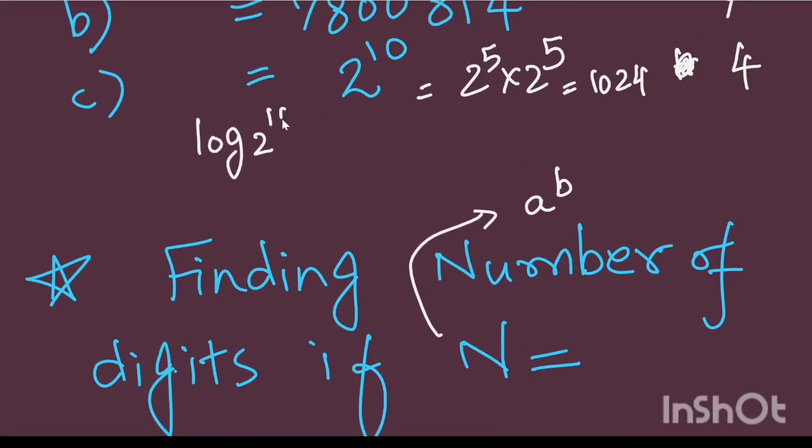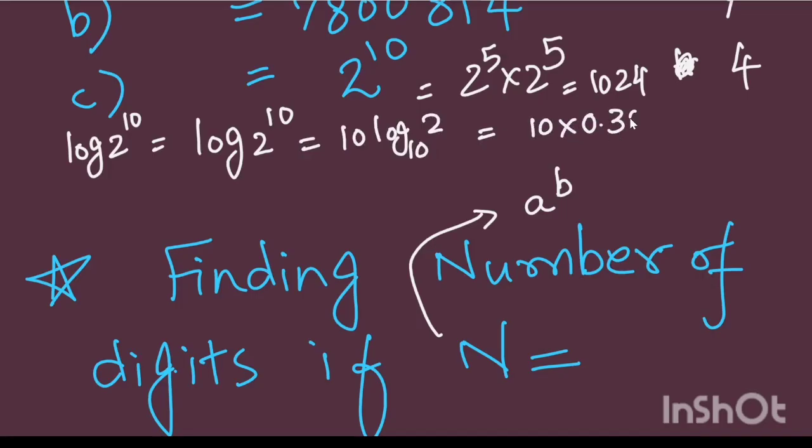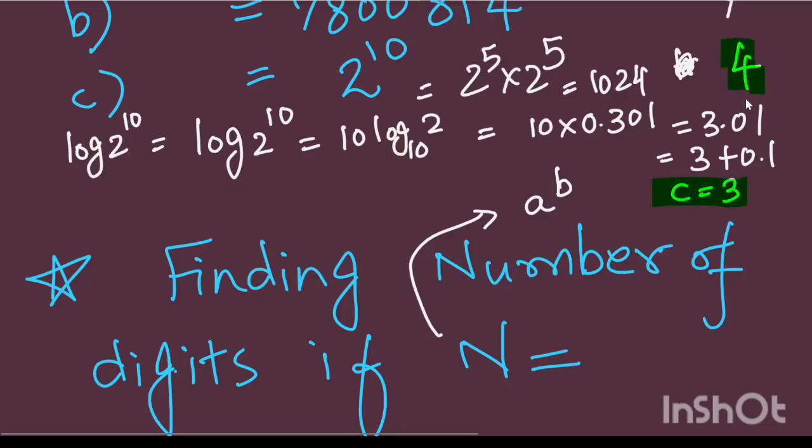Log 2 to the power 10, the value of log 2 base 10 is given already, I also know the value, which is 0.301. So it is 3.01, expressed as 3 plus 0.01. So C is 3, guys. So 1 greater than C is the number of digits, which is 4, matching 1024. That way we can do this.